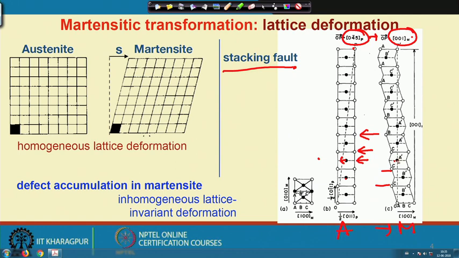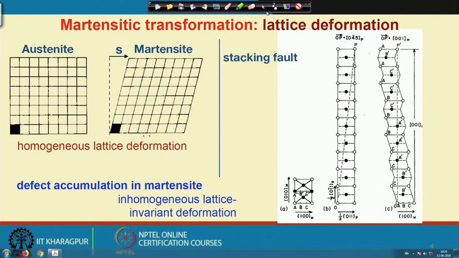This is the A dash new position, this is the A dash, B dash, B dash, A dash and so on. So, it basically moves a little bit away which comes to C dash, again there is a C dash which is again C dash and so on. So, by introducing a stacking fault, we can accommodate the transformational strain, lattice strain in a martensite lattice.